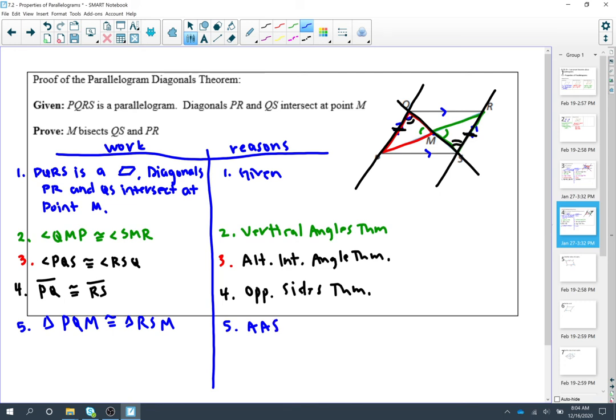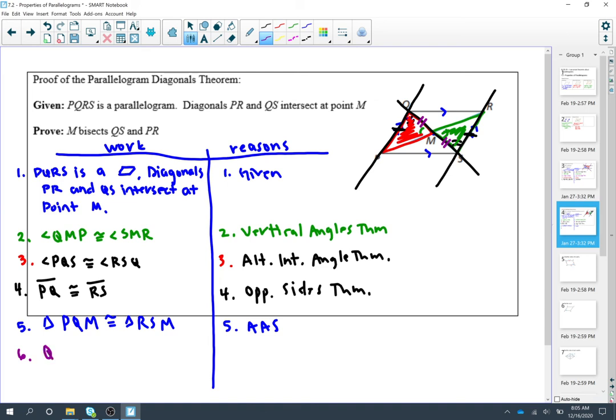Now, once I have this red triangle and I have this green triangle, and I know they're congruent, then I know different parts of the actual triangles are congruent. So specifically in step 6, I know that QM is going to be the same length as SM.